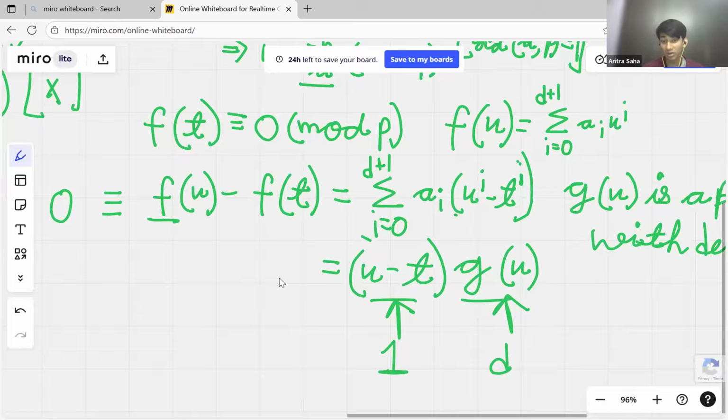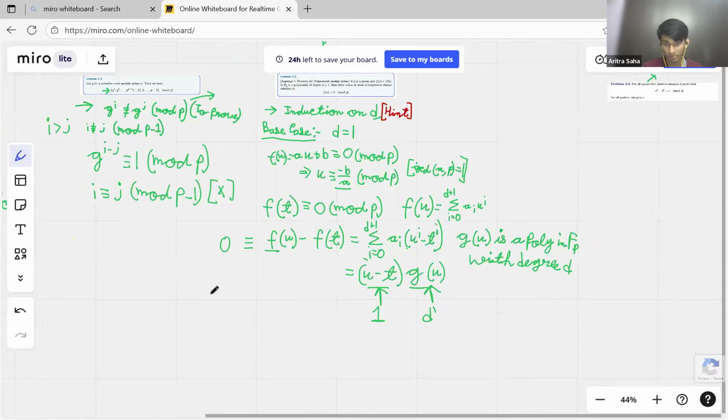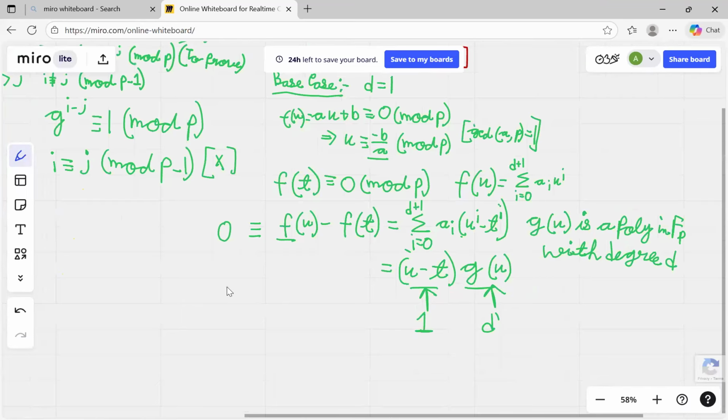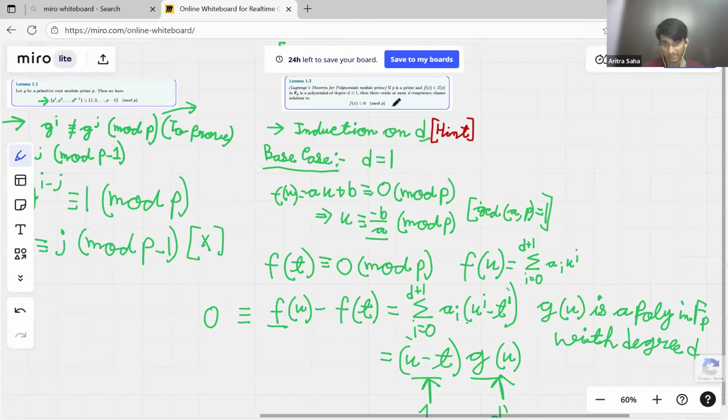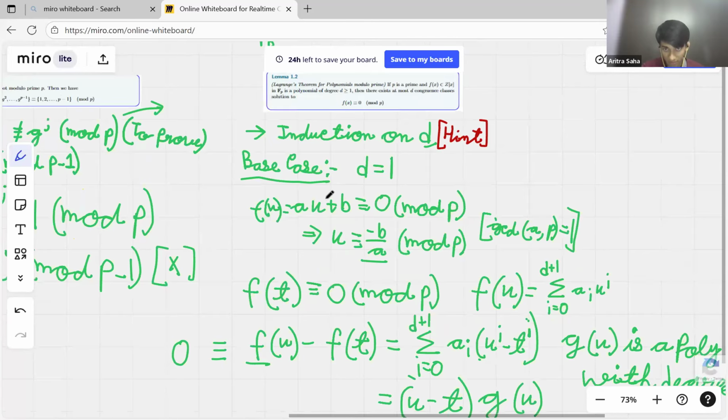It can happen that this one root lies on g(x). In that case, the total will be strictly less than d plus 1. And if g has exactly d roots and the new root does not lie on g(x), then we will have exactly d plus 1 solutions. So we are done with the theorem, basically Lagrange for Fp.